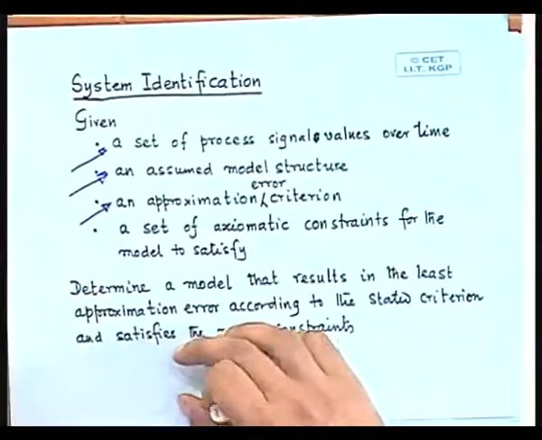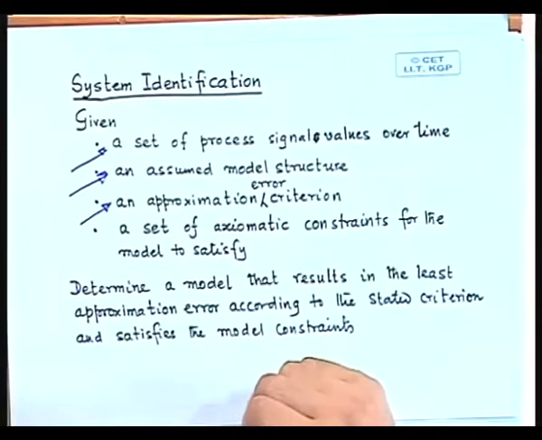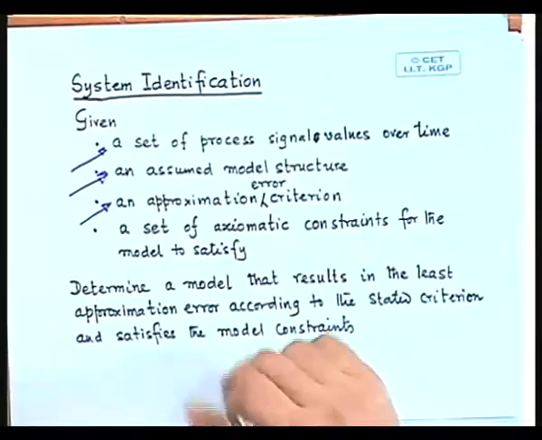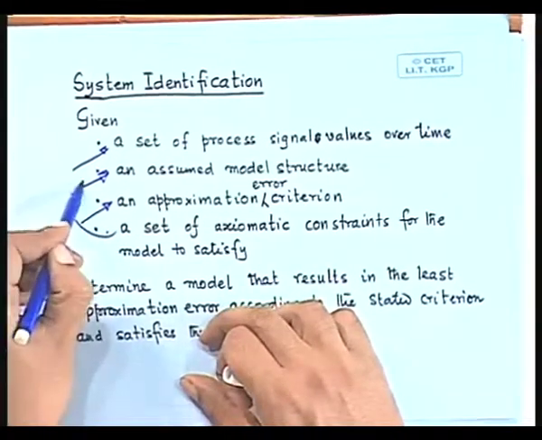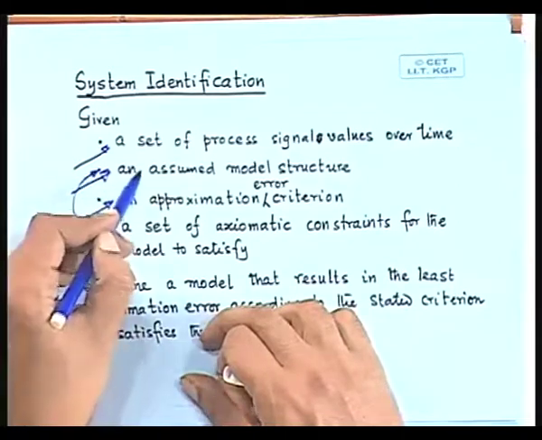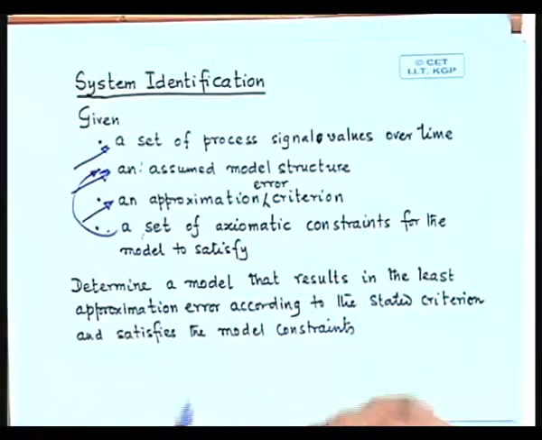So what do we mean by good? We have to define some measure of goodness, which is an approximation error criterion, and actually these two together define the bag. So you may not only say linear finite dimensional, you may also say linear finite dimensional stable.